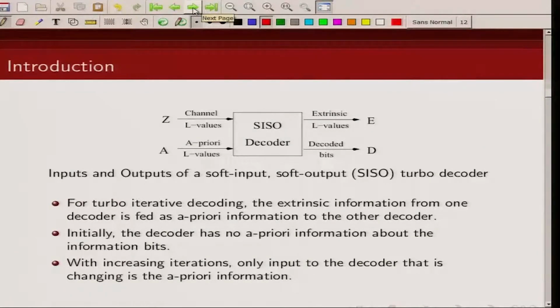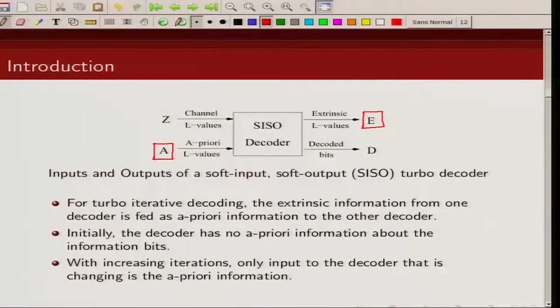And again I emphasize, the only thing changing with iteration are these extrinsic values and a priori value. So, if you want to track how your turbo decoder is working with iteration, you need to track these two quantities, and we are going to talk about what are the various measures that we can use to track these two quantities.